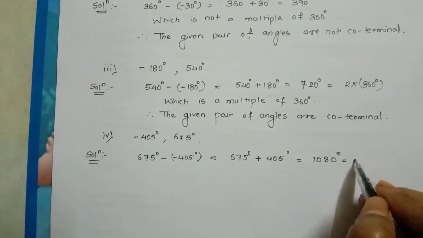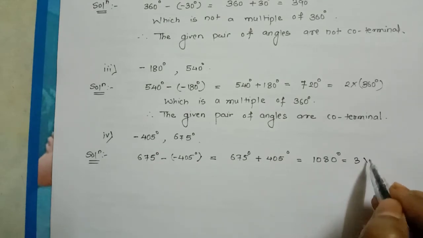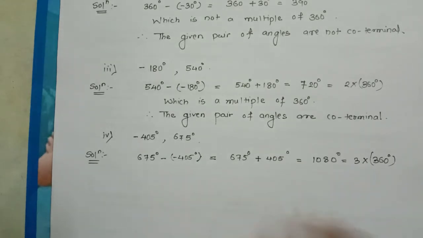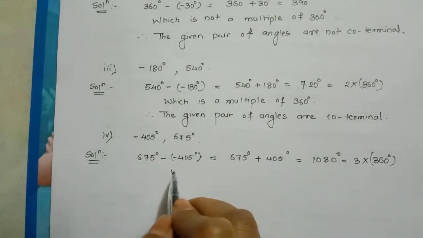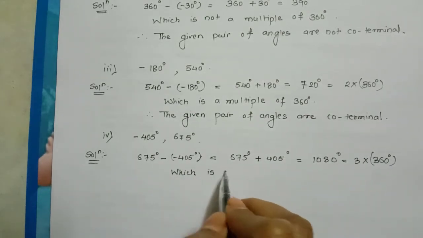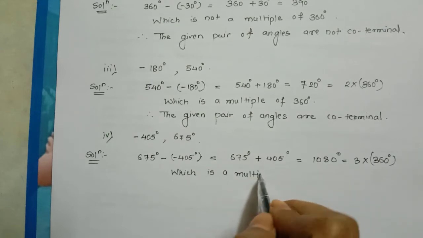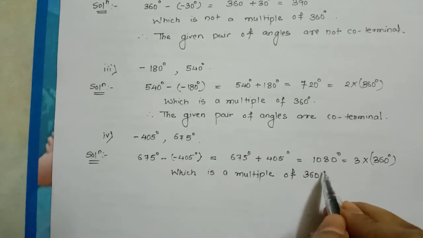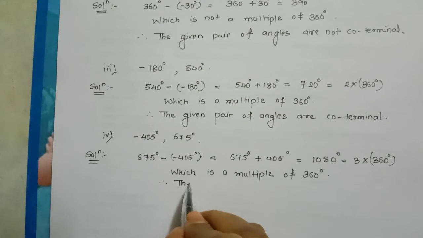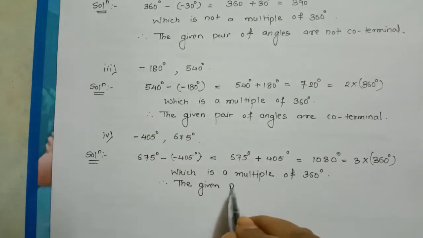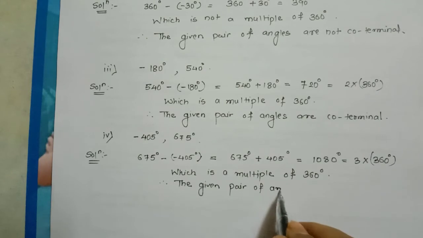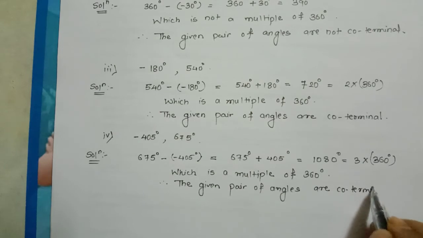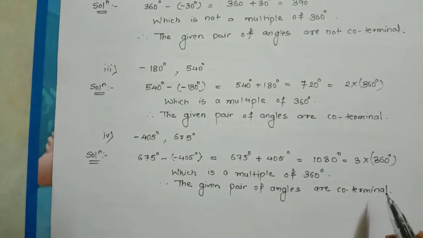Again we know this is 3 into 360 degree, correct? So this is a multiple of 360, and therefore the given pair of angles are coterminal.